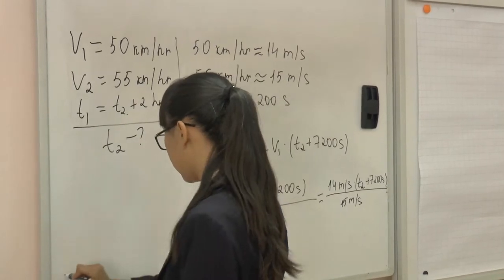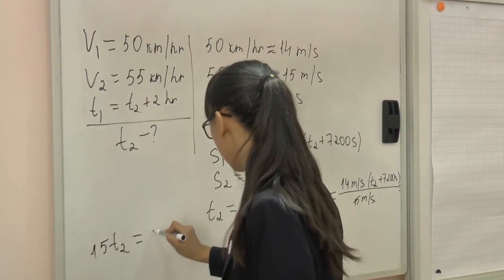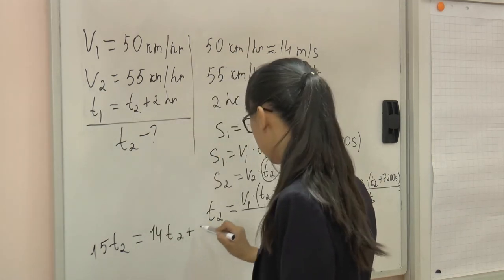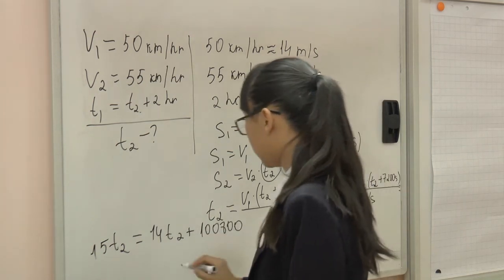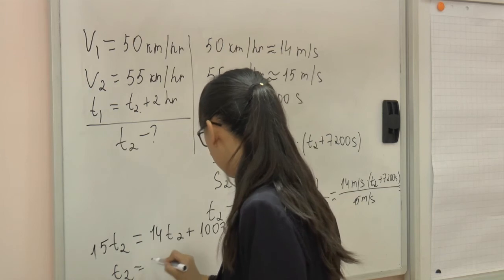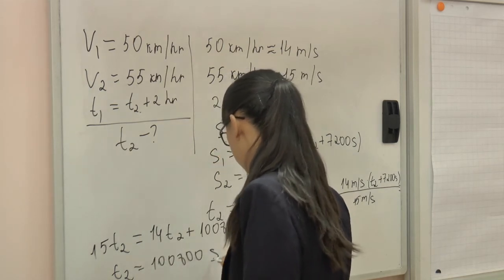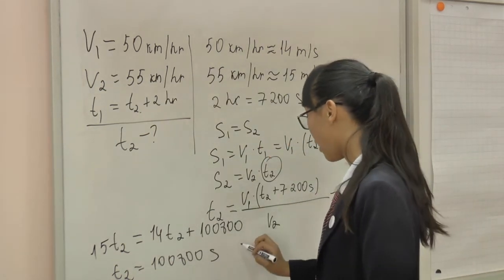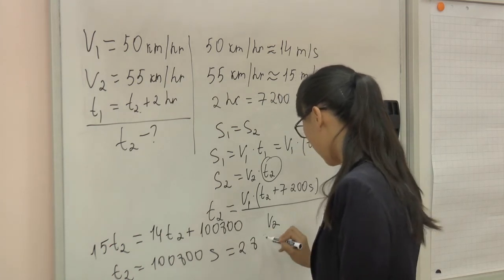And then 15 T2 equals 14 T2 plus this, and T2 equals this. We can convert this parameter to hours. It will be 28 hours.